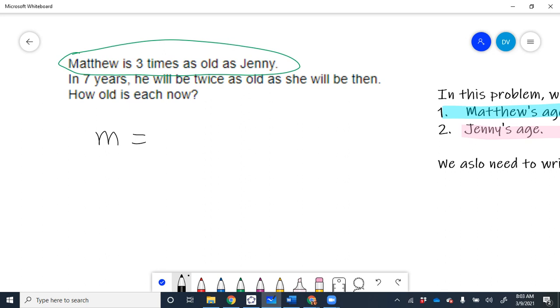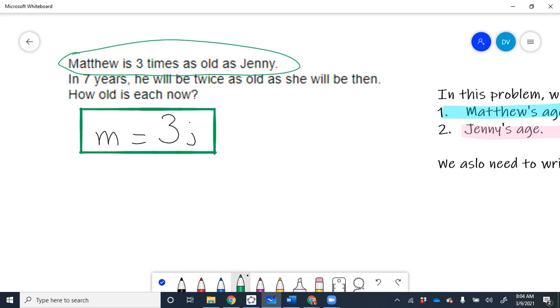And then 3 times as old as Jenny would be 3J. By the way, I like to make my numbers larger than my letters so that if we have a letter like S, we don't want it to look like a 5. So that's our first equation. I'm gonna surround that with a green. So when we talk about it, we'll call it the green equation.